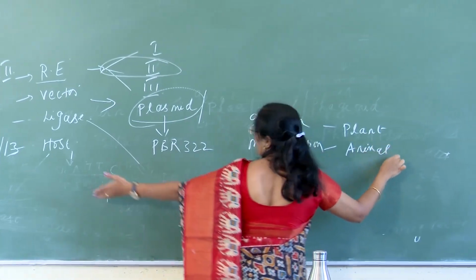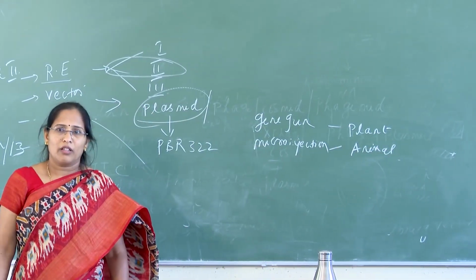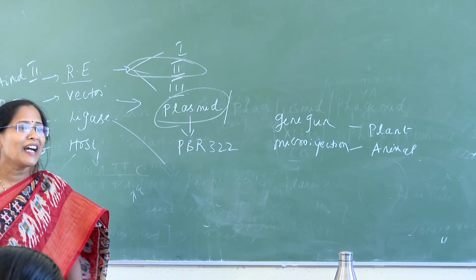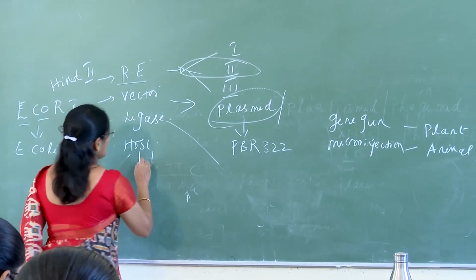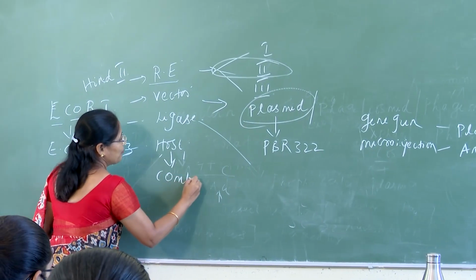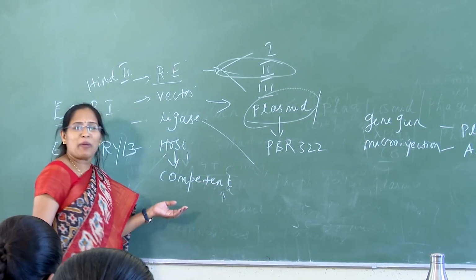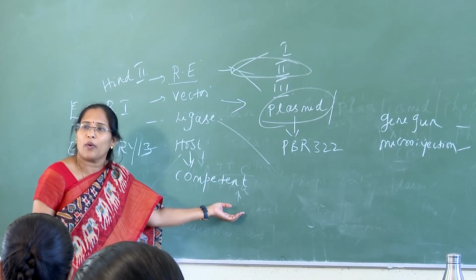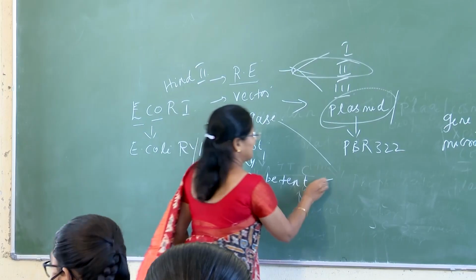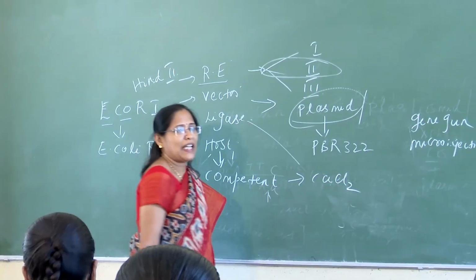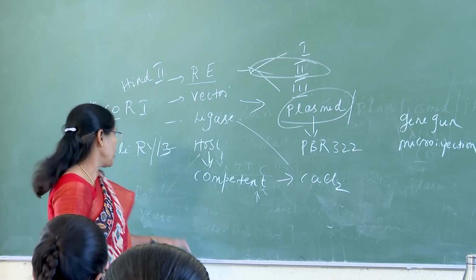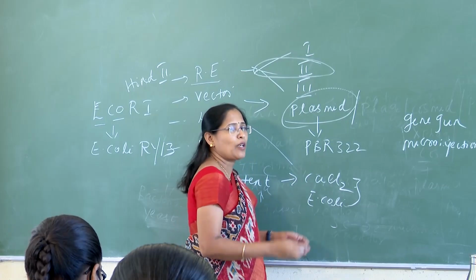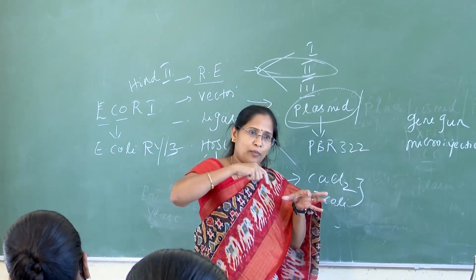If my host is a bacteria, what should I do? We make the host competent. Do you remember that? I have already given the hint, competent. Which method will we use for this? Calcium chloride. Treat your E. coli with calcium chloride. What will happen? It will increase the cell wall permeability and create larger pores.